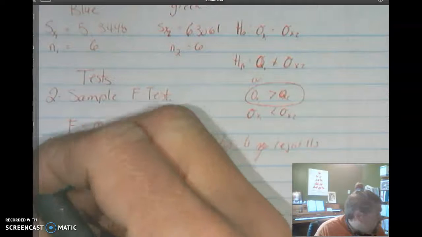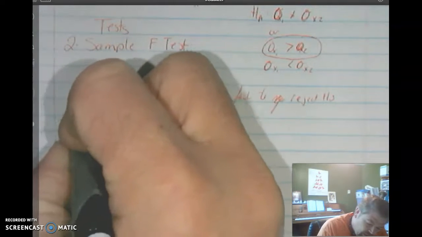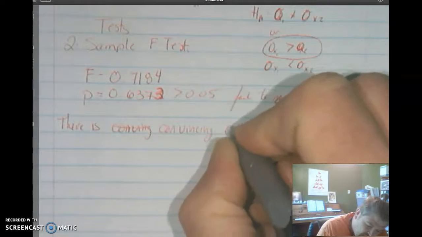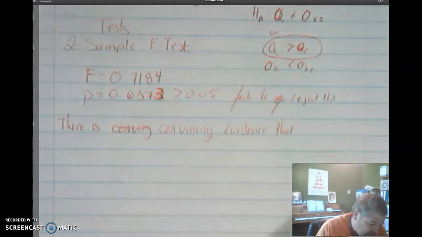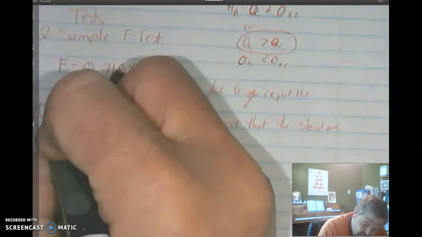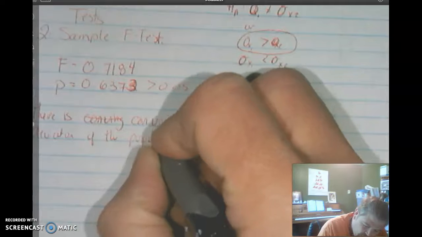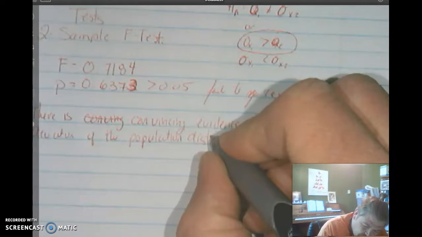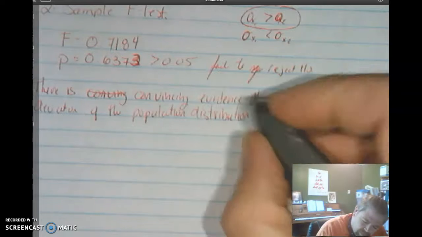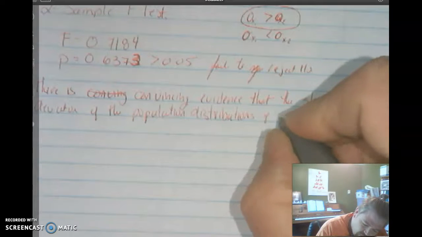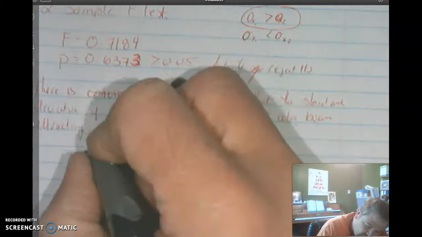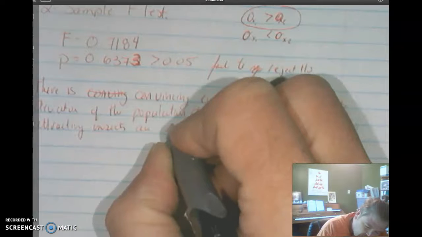Okay, so then we would say there is convincing evidence that the standard deviations of the population distribution of color boards attracting insects are the same.